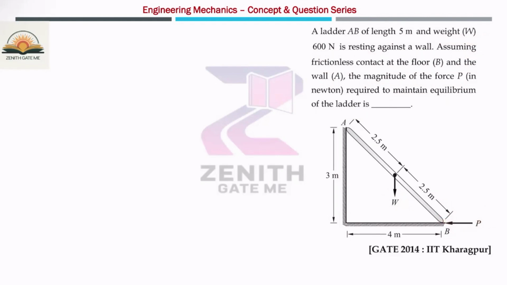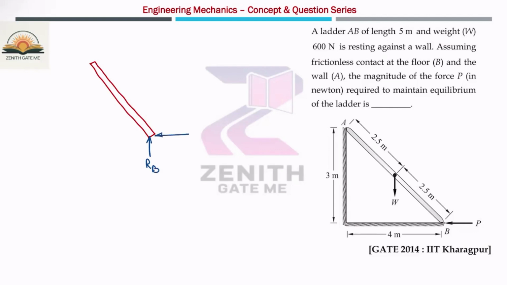Okay, but for solving this problem, first of all, you have to draw the free body diagram. So how you will solve this problem? Just remove all types of contact and apply the forces. So there will be one reaction. Let us suppose this is RB.